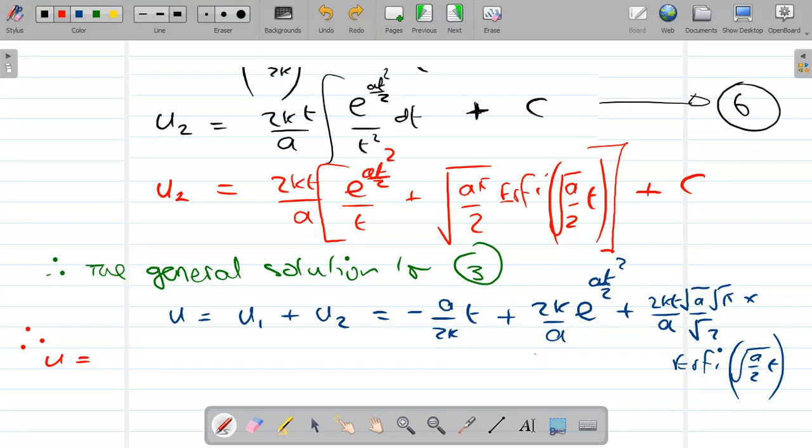So we'll write this one first. So we've got 2k over a e to the at squared over 2 minus a over 2k t.